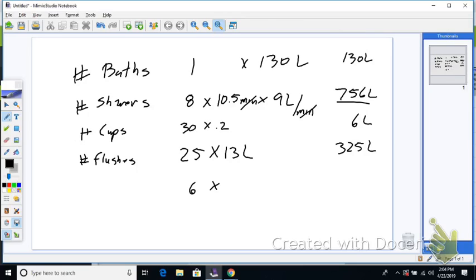And then 170 would be the average volume in the basin that's done. So that would be 600, that would be 1,020. So 1,020 liters if I did 6 loads.